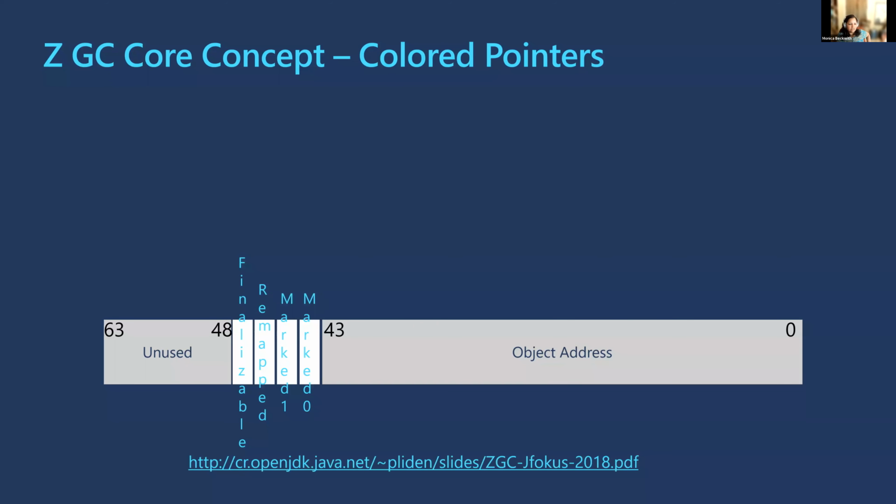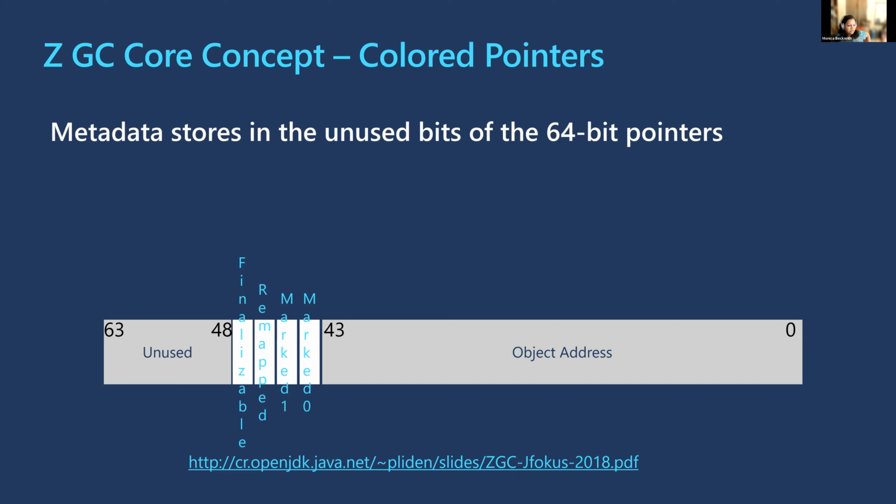To get more details, please review Per Liden's slides because he has a great talk. I think he probably has videos as well. I haven't watched the videos, but this particular drawing is inspired by him. What do these bits do? They store metadata, and that's exactly what a GC needs.